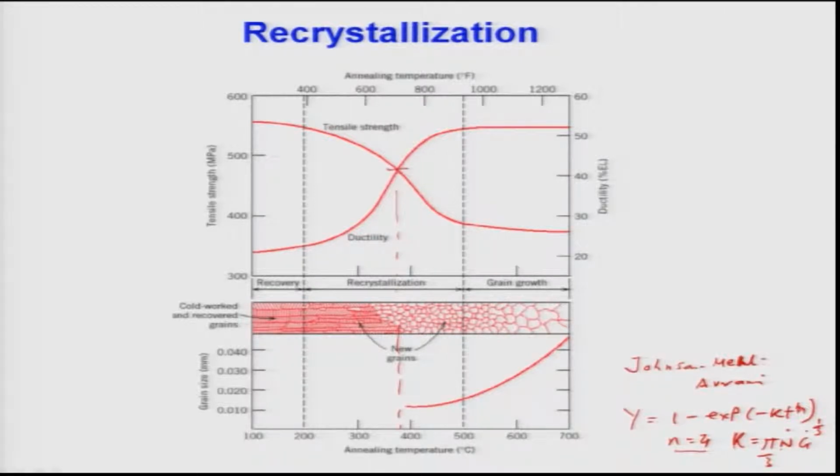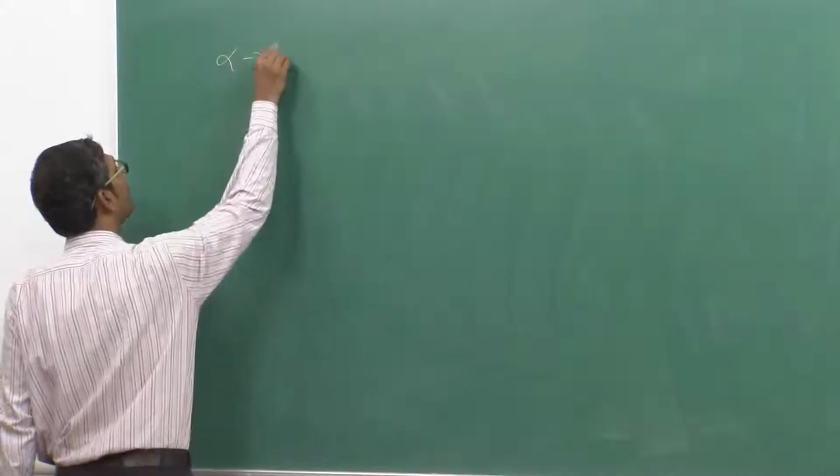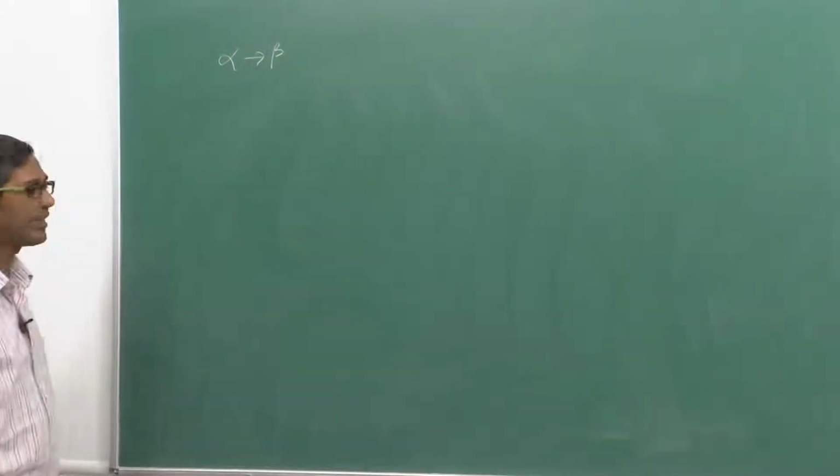So how do we get this equation? Well, this equation is obtained in a very nice manner, which I will do on the board so that you can understand. As I said, let us consider a simple transformation, alpha going to beta. It's the same as recrystallization.